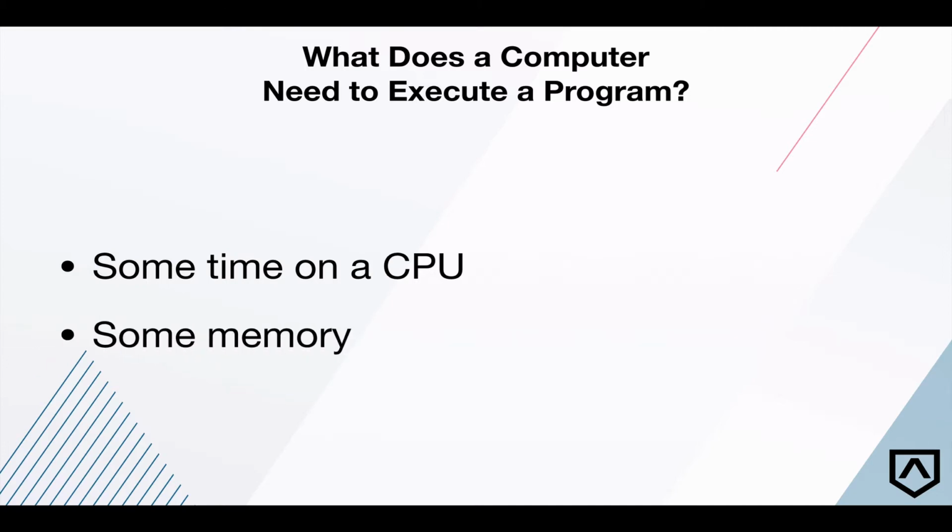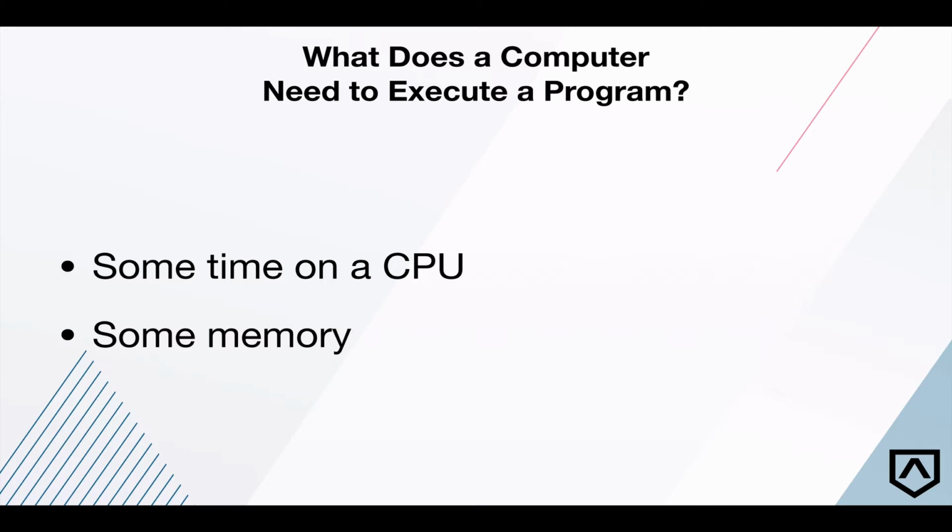And the other important thing that we need in order to execute a program is some memory. Because when we're running a program, it is typically manipulating some state within the program itself, right? Perhaps we're updating some values, updating some data structures, or some other sorts of data, et cetera, and we need some memory in order to hold on to that state as the CPU is actually transforming that data and updating values.